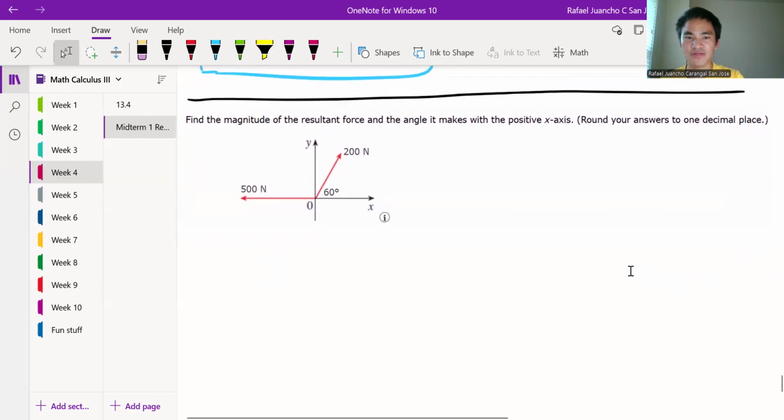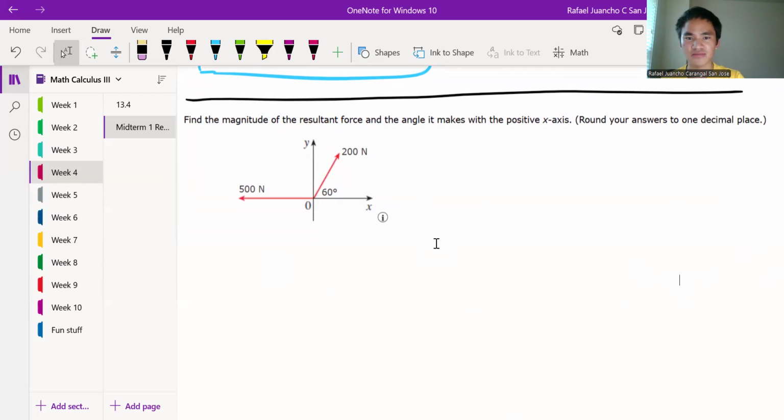How do I go about that? Well, what is the resultant force? The resultant force is this thing, right? Because if I add the two vectors, I get the resultant force. The sum of the two vectors is the resultant force. These are two force vectors, right?